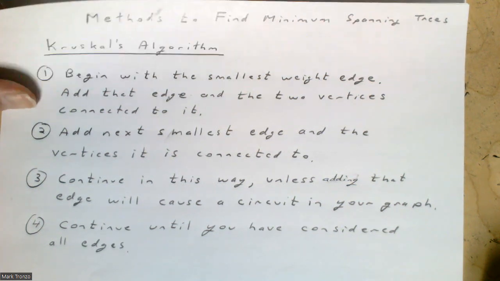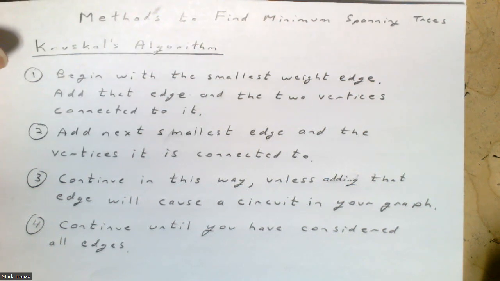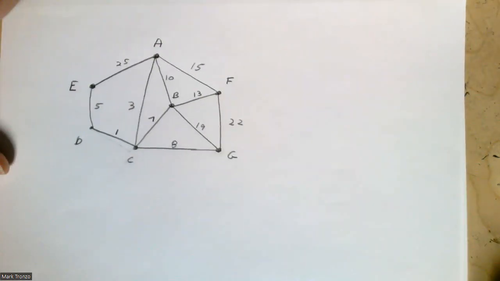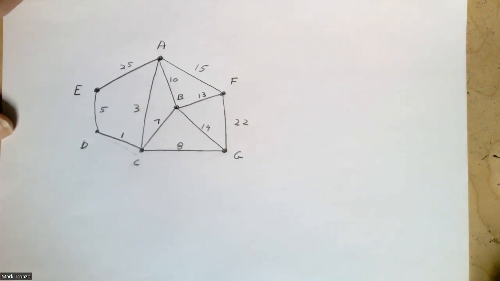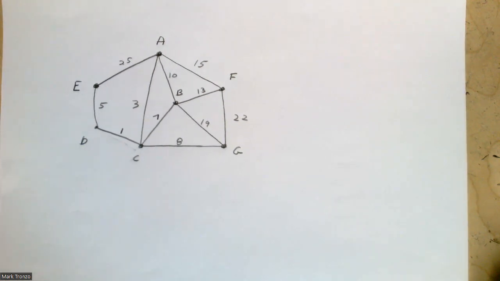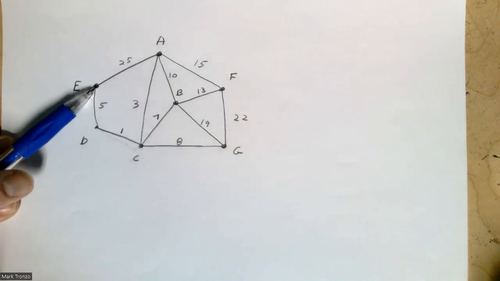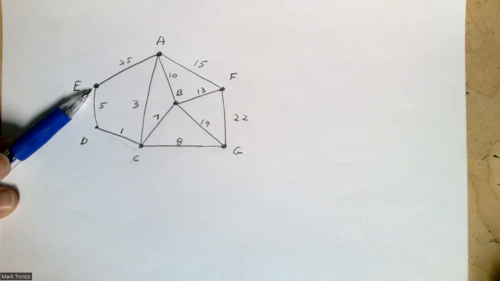So let's do an example. We have this graph. Again, this could represent an airline, and these numbers could represent hundreds of miles.